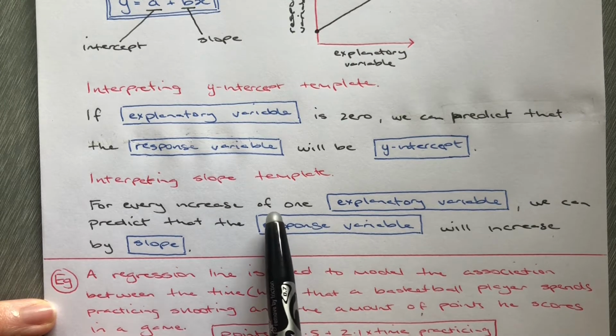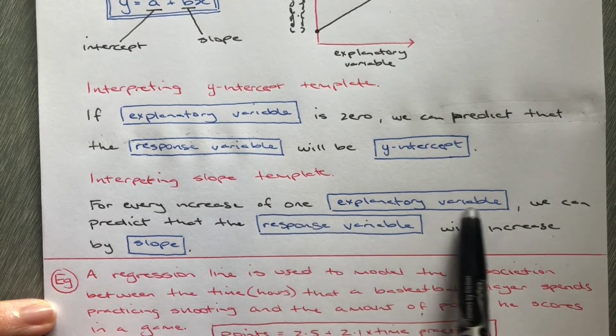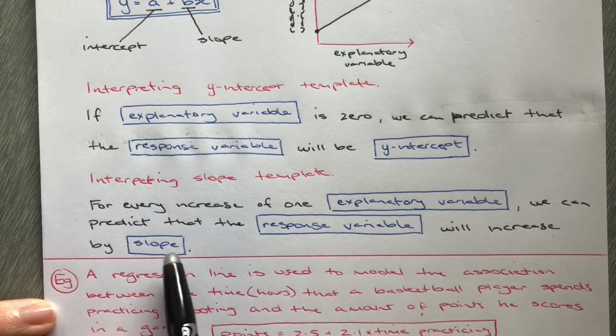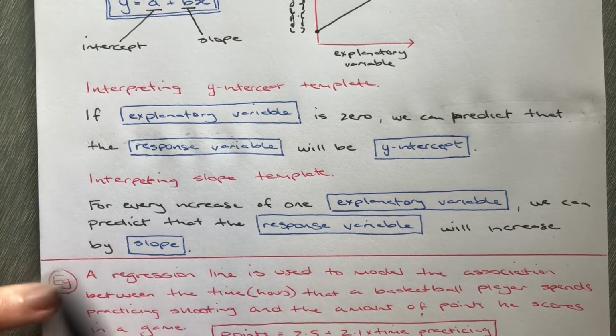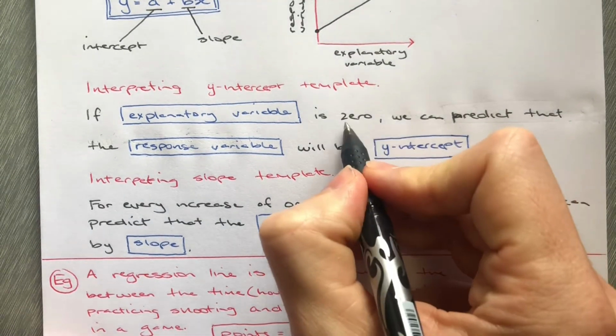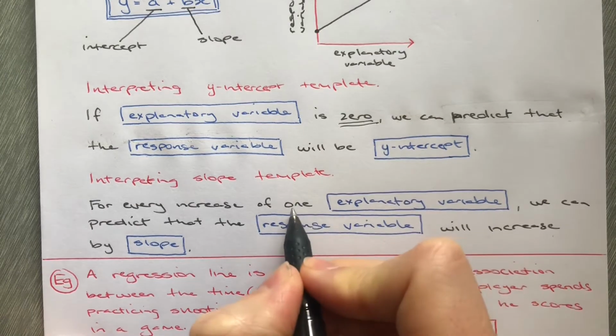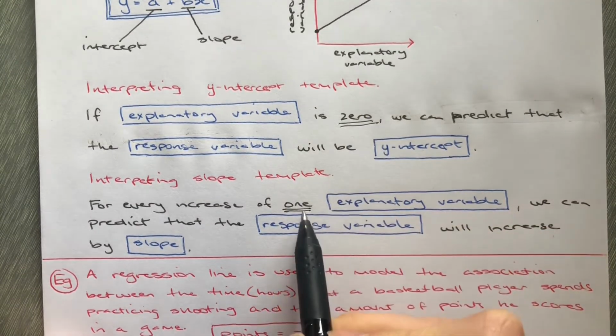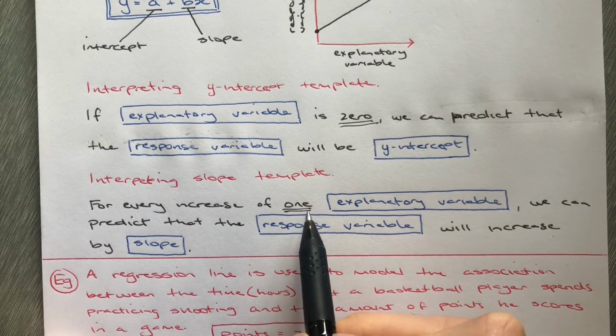For every increase of 1 of the explanatory variable, we can predict that the response variable will increase by whatever the slope is. Notice it says 0 in one sentence and 1 in the other. This will never change. It will always say 0 in the first and 1 in the second.